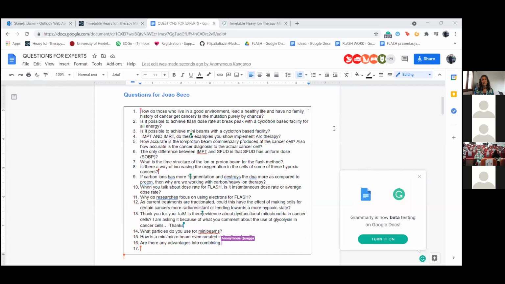How do those who live in a good environment and lead a healthy life fare? So I'm not an epidemiologist, so I'm not the best person to ask, but from what I understand, there are 3 main reasons for cancer. One of them is genetic, okay? Another one is environment, of course, and the third one is your personal habits, drinking, eating, smoking.